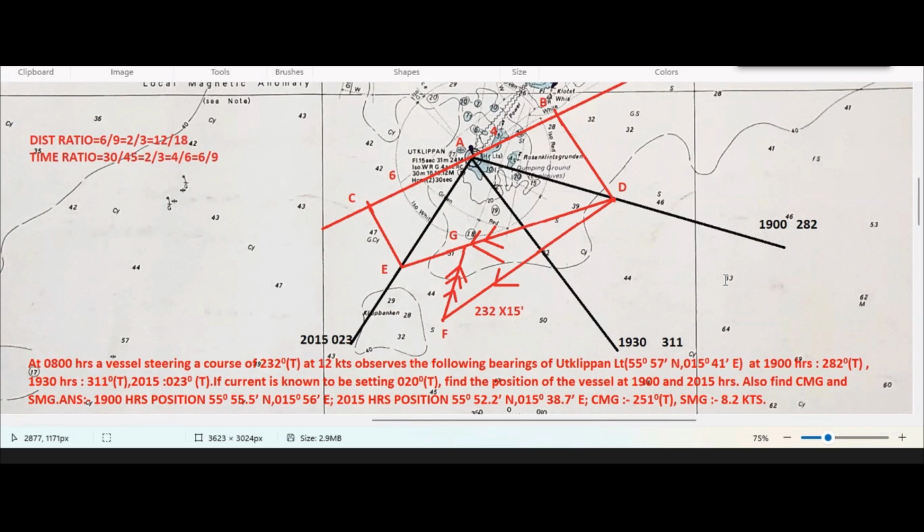After this, through G. Sir, could we not take 1 hour also? 1 hour we cannot take, because the first bearing and third bearing interval is 1 hour 15 minutes. We can take half an hour, 1900 to 1930.